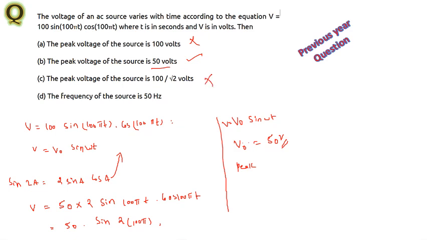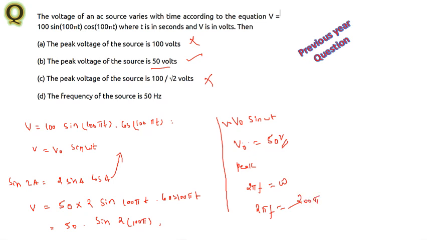We just confirm with the frequency. Frequency here is this one: 2 pi f is equal to omega here. See what they have given, the omega value. From this, omega is 2 pi f, and the omega value I just mentioned here is 200 pi.